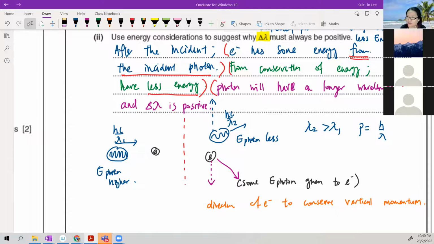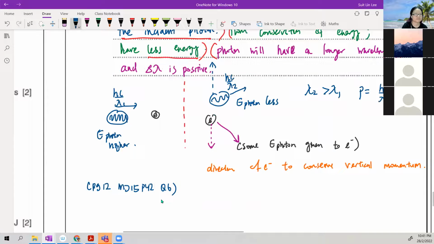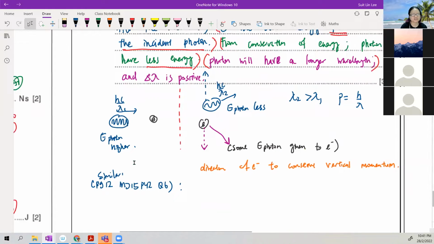All right, if you want to try a similar question around diffraction, it hasn't come out since 2015. Will it come out again? I don't know. Very anomalous, very strange, but it must be discussed in case. So you can try page 12. That's a similar question, May/June 15, paper 4.2, question 6. This one is electron diffraction.